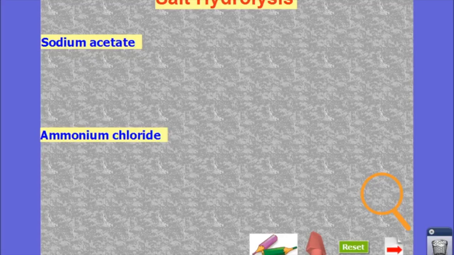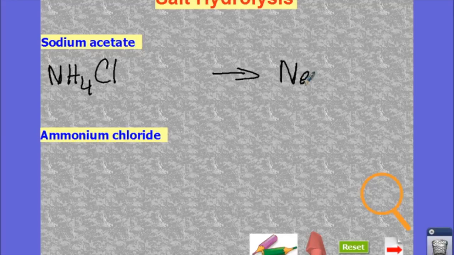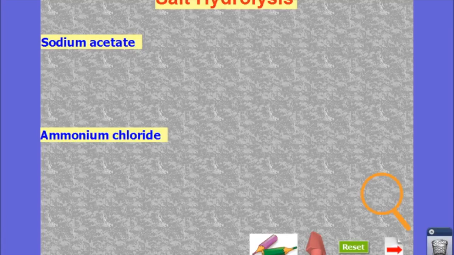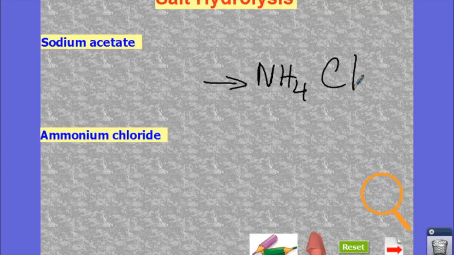Let me give you an example of an acidic salt: ammonium chloride. Let me write my salt right here. This is a salt.